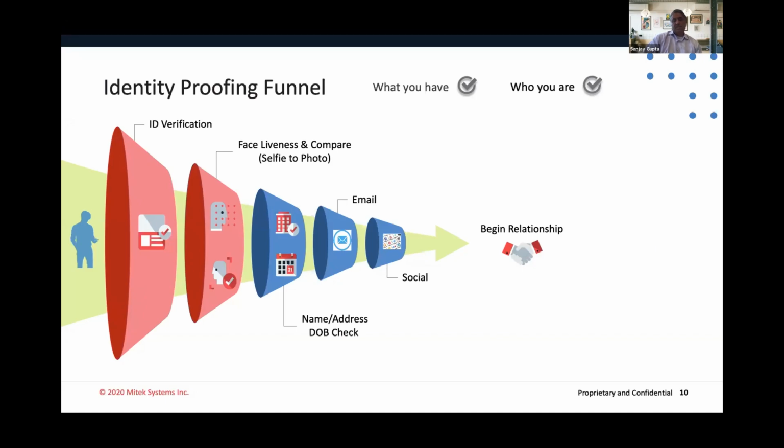Now, as I mentioned previously with these breadcrumbs, you can also do name checks, date of birth checks, email checks, social checks. What you're doing is, the more checks you perform, the more trust that you're getting that this individual is who they say they are. So typically, especially in the financial institution, you'll see a lot more verifications being done all the way through.